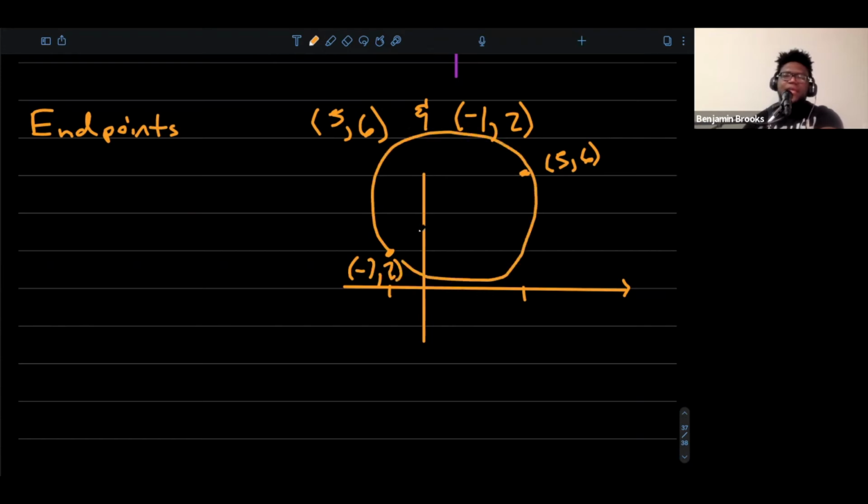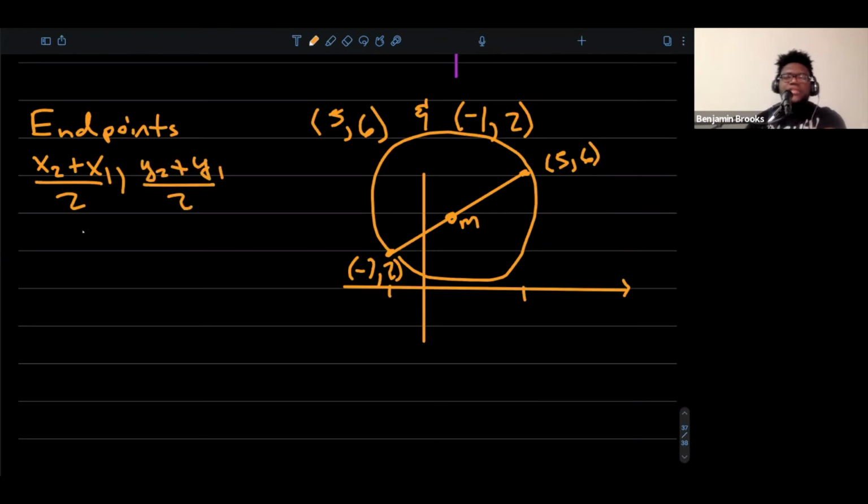Obviously, to find the center, we're going to find the midpoint. And we know how to find the midpoint. The midpoint is (x2 plus x1) over 2 and (y2 plus y1) over 2, which in this case, I'm just going to do it in my head, 5 minus 1 is 4 over 2 is 2. So the center would be (2, 4), since 8 over 2 is 4.